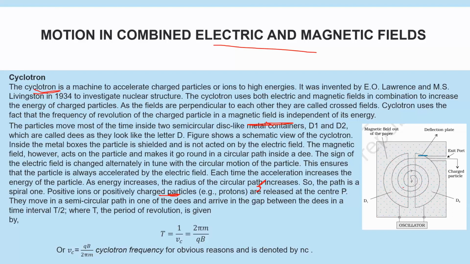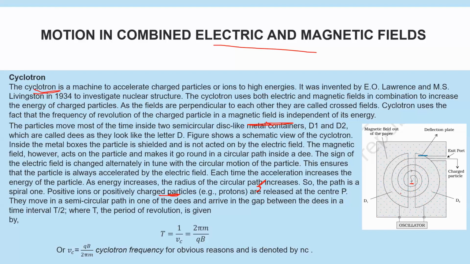They are called D's because they resemble the letter D. There is a source of charged particles or ions at P. This is the point where you have the source of the charged particles, and they move in a circular fashion inside D1 and D2 because we have a uniform perpendicular magnetic field.